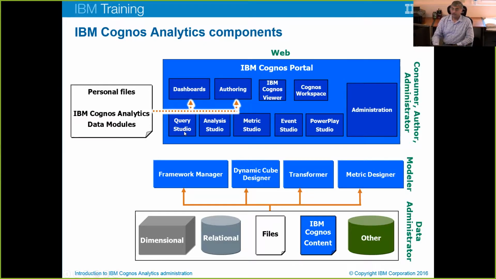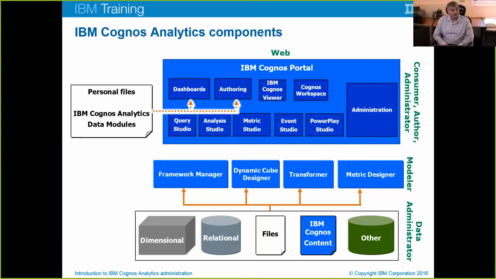And there are other studios which are now called legacy options: Query Studio, Analysis Studio, Metric Studio, Event Studio, and Power Play Studio. These are for creating different types of reports. Query Studio is for ad hoc querying. Analysis Studio is for creating analyses, which can only be created using a dimensional package where you have arranged your data in dimensions, levels and hierarchies.